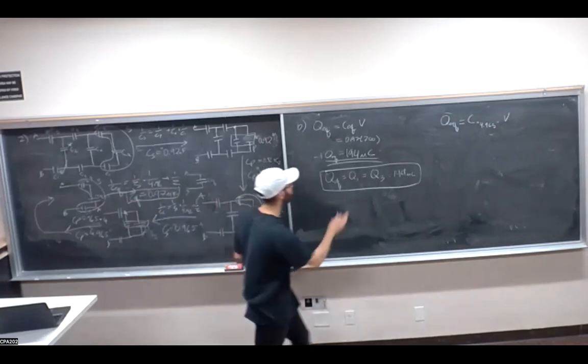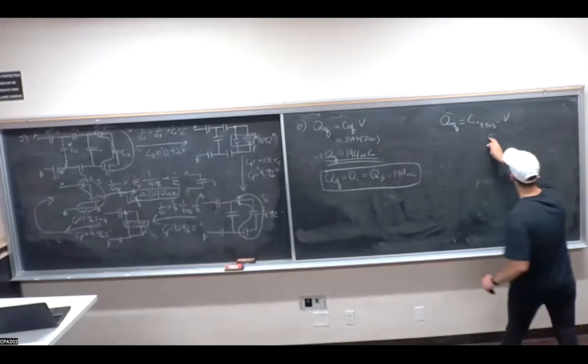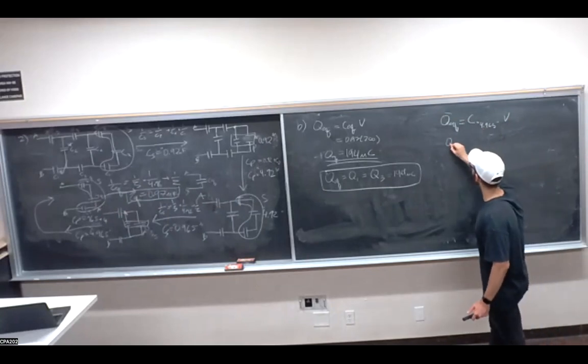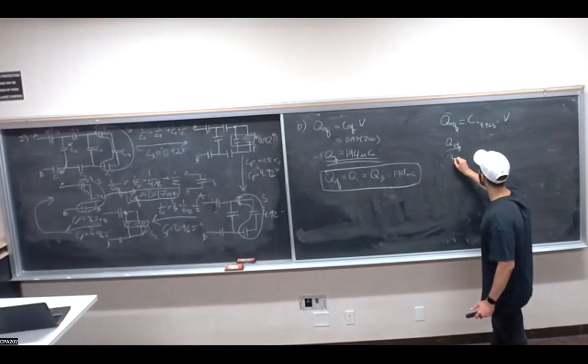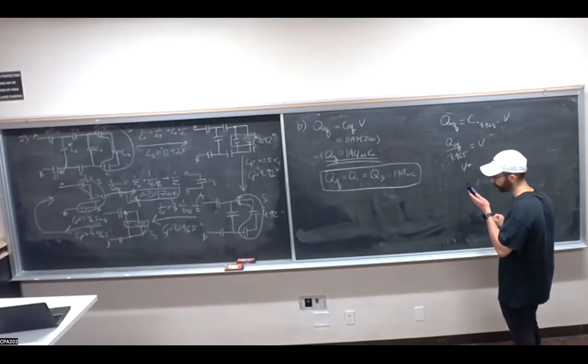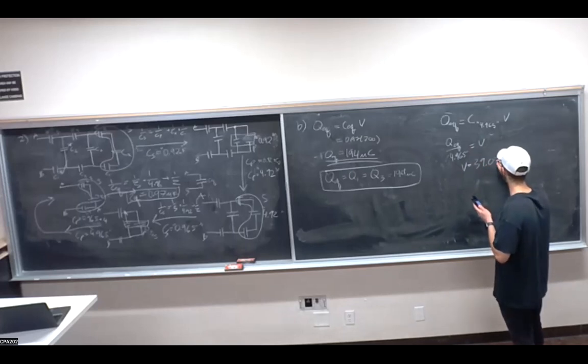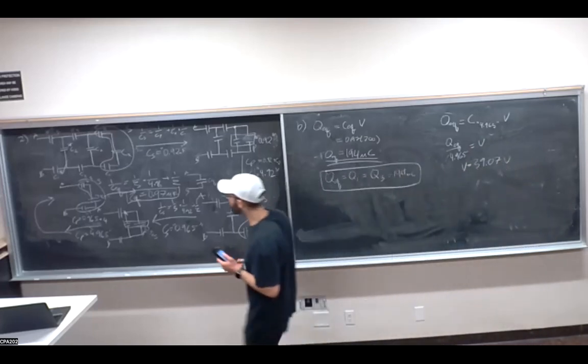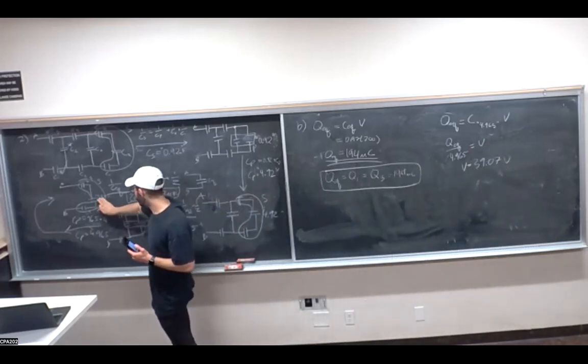It has the same charge as Q1 and Q3. We also know the capacitance because we calculated that already. So to find the voltage at that point, that's QEQ divided by 4.965, which is equal to V, where V in this case will come out to be 39.07 volts.